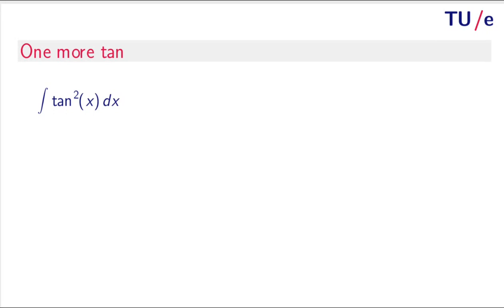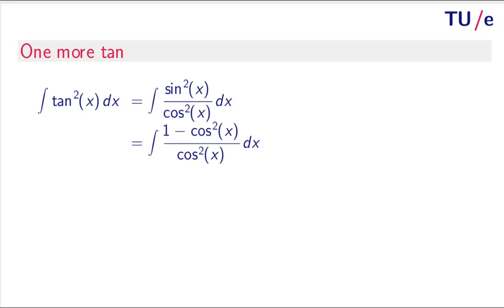One more tangent. Well, now let's take the power of a tangent. So we have the integral of tangent squared of x dx. That's of course the integral of sine squared divided by cosine squared dx. And now replacing sine squared by 1 minus cosine squared, we find the integral of 1 minus cosine squared dx divided by cosine squared of x.